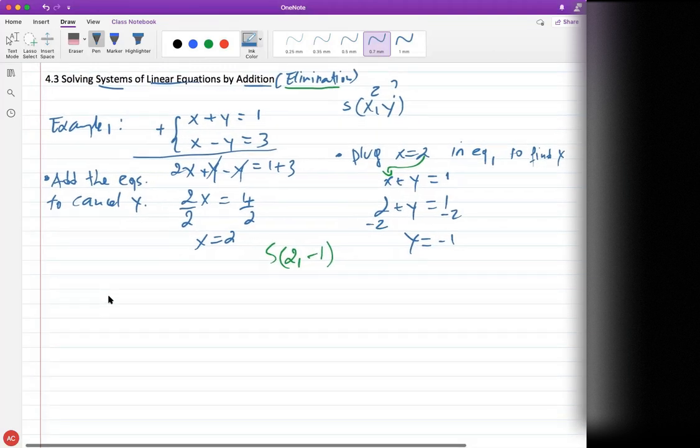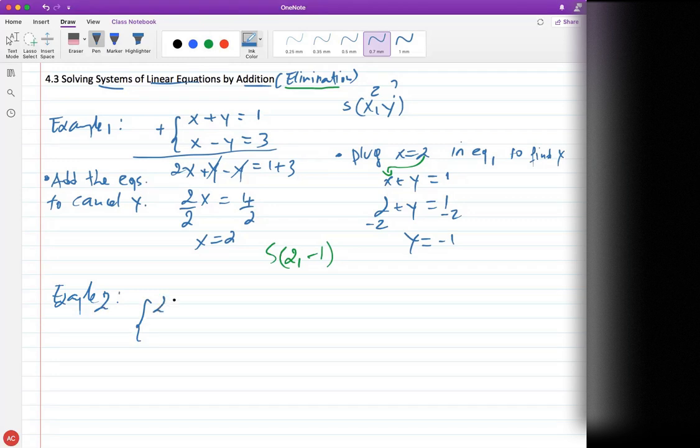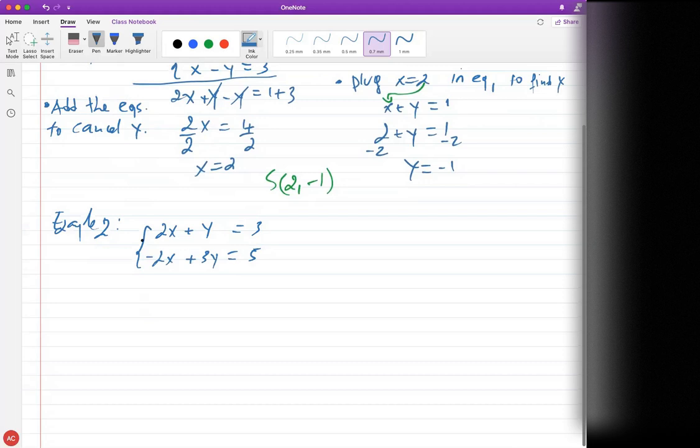Let's do another one here. Example 2. All right, here's one more example here.